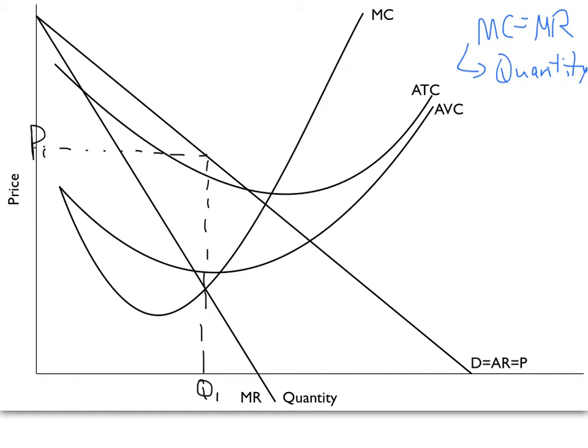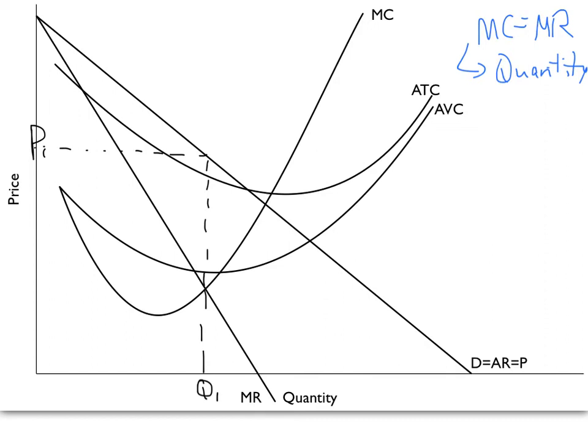We can use our analysis skills that we developed under perfect competition to notice that if we multiply the quantity by the price, the area of this rectangle will be the total revenue that this firm will earn at that quantity. If we want to find profit, however, we're going to have to account for costs as well.